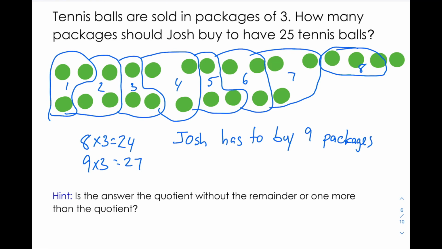And we can then also say he will have how many? He needs 25. He's got 27 in 9 packages, so there will be 2 left over. He will have 2 left over. Now that is what we also call a remainder when we do long division.